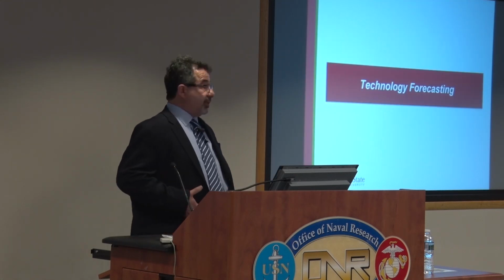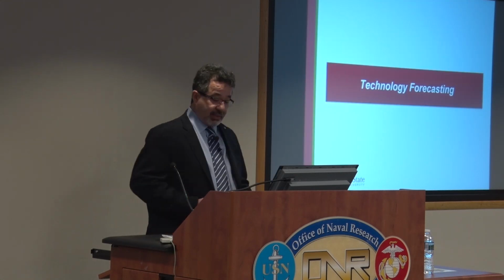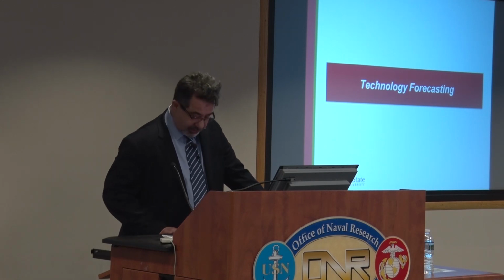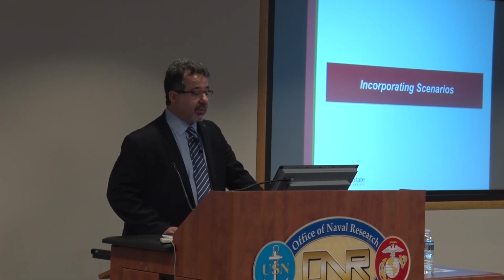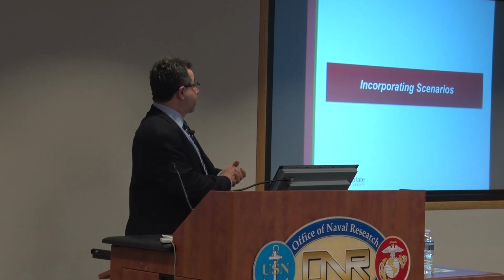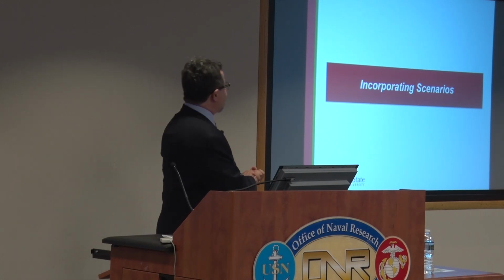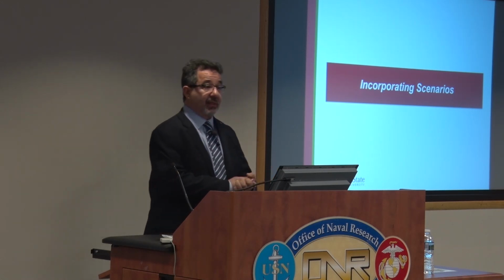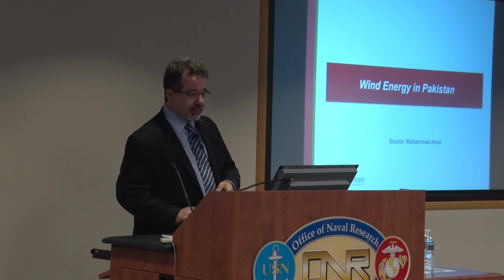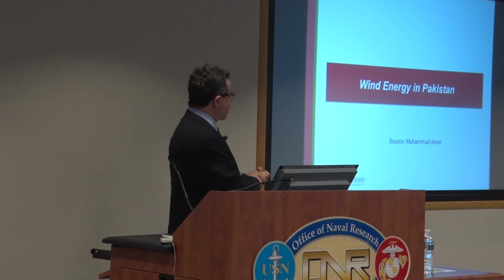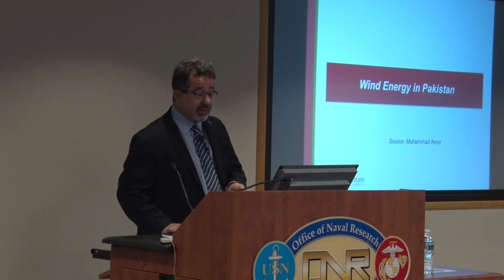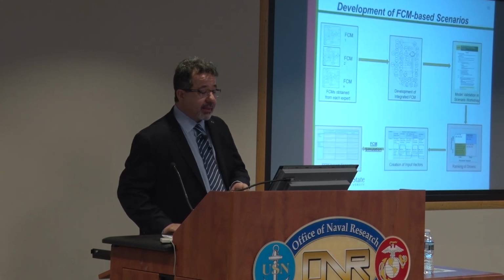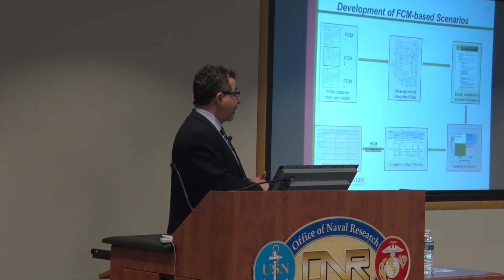Now, in addition to technology assessment, technology forecasting is also needed. So, in order to do that, we incorporated, in one case, scenarios into technology roadmapping. One of my students looked at the deployment of wind energy in Pakistan. And we incorporated different methods.